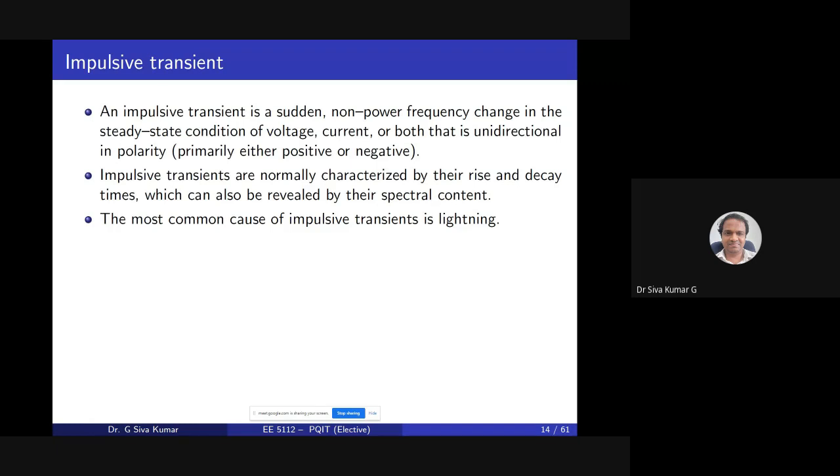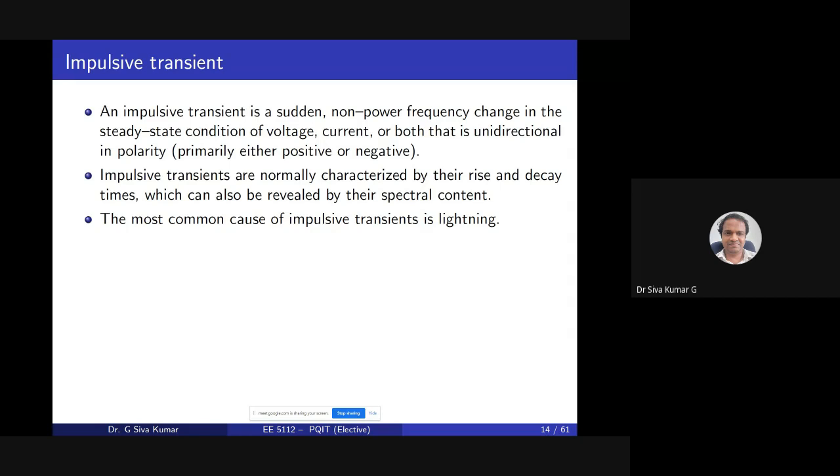If you allow impulsive transients in a system, the insulators will fail. With insulator failure we will have a dead short, and there is a chance of collapsing the entire distribution system or the grid. If lightning occurs at the transmission level, that can happen.